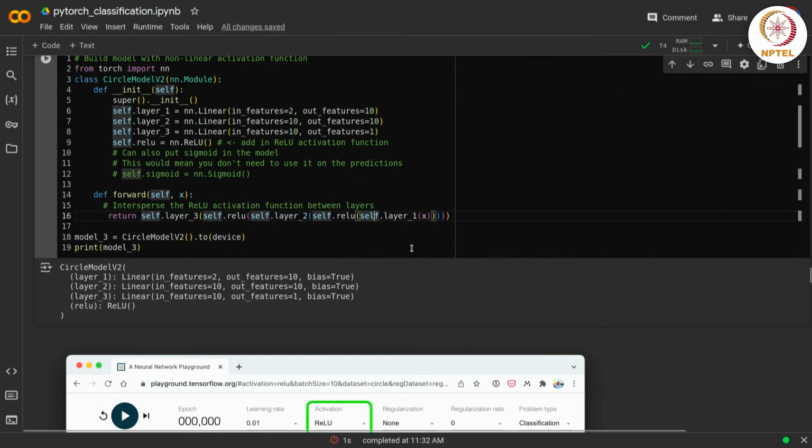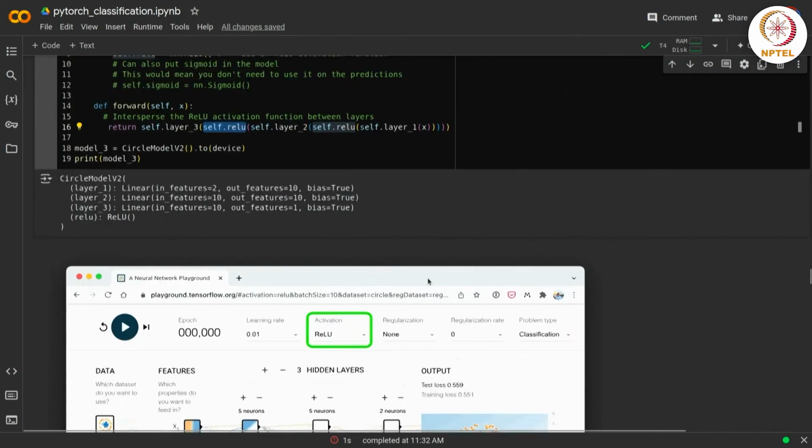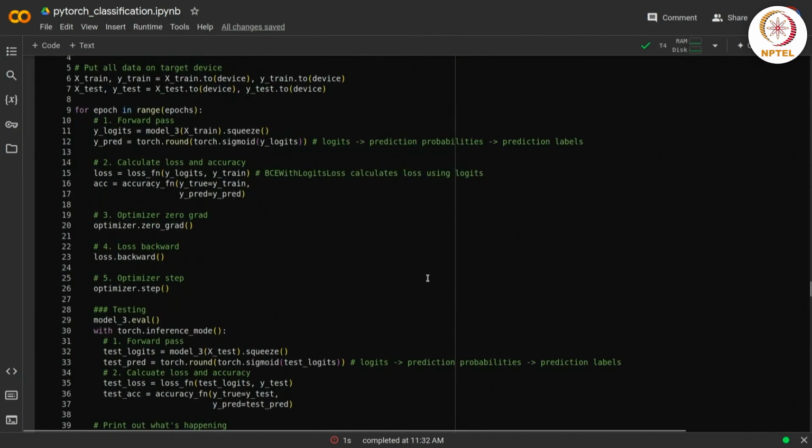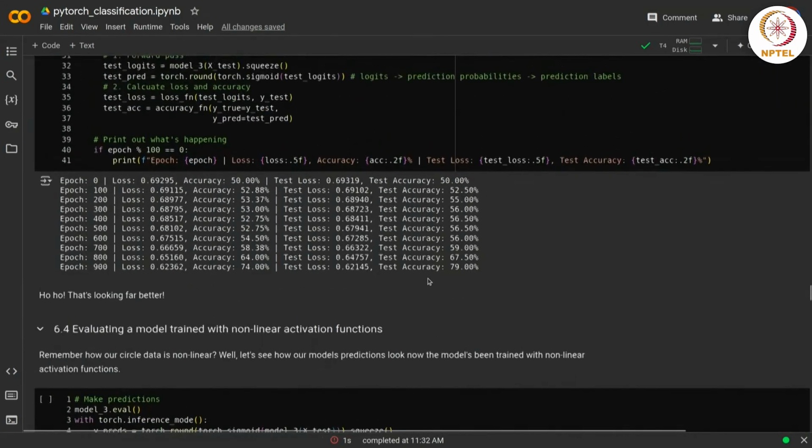But here, before you pass on layer 1's output, you apply a non-linearity, that is ReLU. Before you pass on layer 2's output to layer 3, you are applying a ReLU non-linearity to the network. So now let's look at how the network is training.